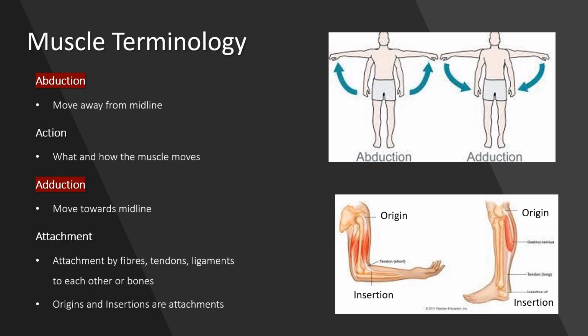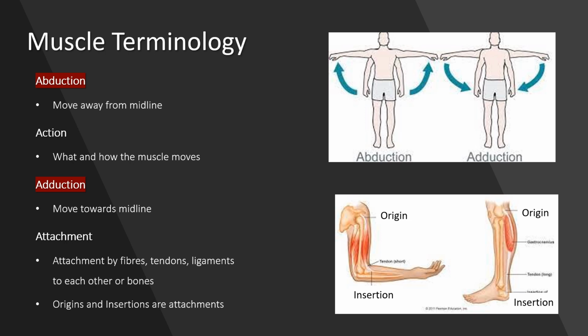We talked about agonistic and antagonistic and isometric and isotonic, but an action is how the muscle moves. So if we go back to talking about the biceps, for instance, which is in the picture bottom left, the biceps at the top of the arm flexes the elbow. And the action then of the biceps is to flex the elbow.